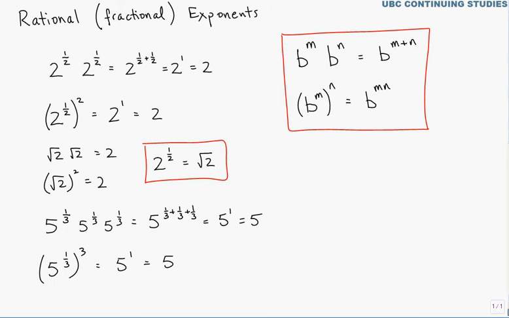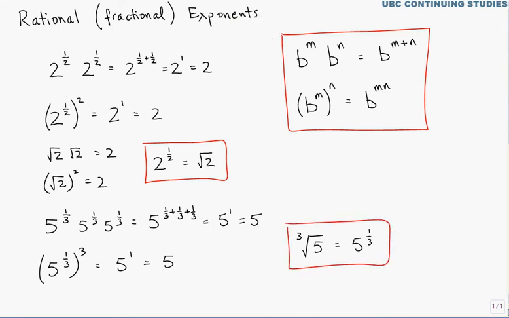So in one case I'm multiplying something by itself a couple of times. In the other case I'm cubing it. In either case we already know something that works like this, the cube root. So an index of 3, cube root of 5, is therefore the same as 5 to the power of 1/3.